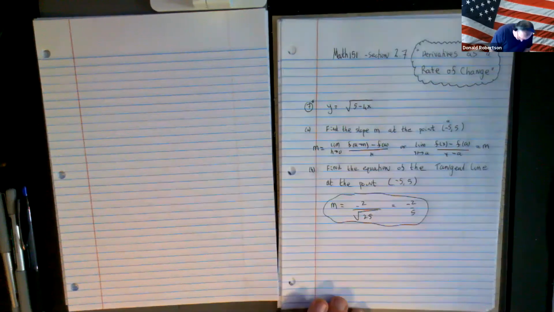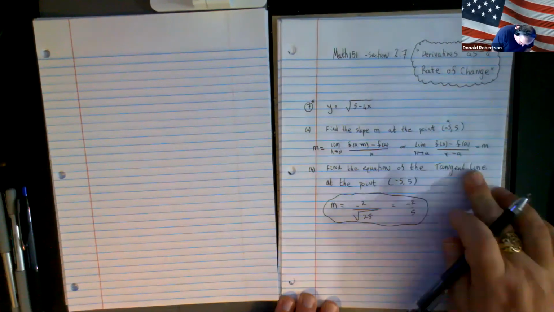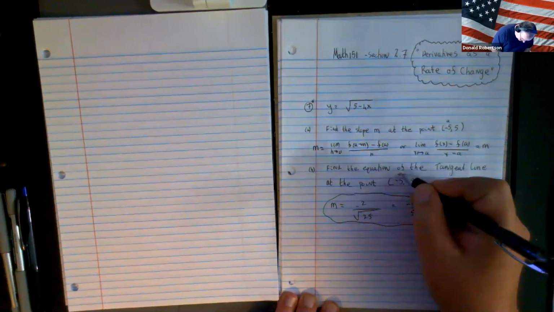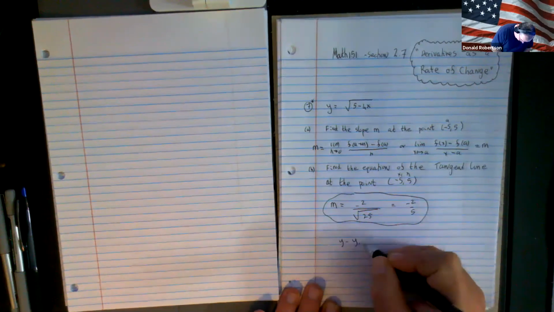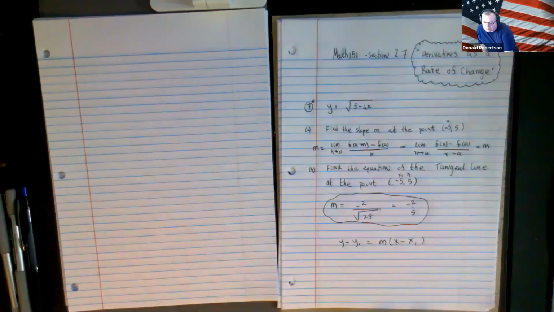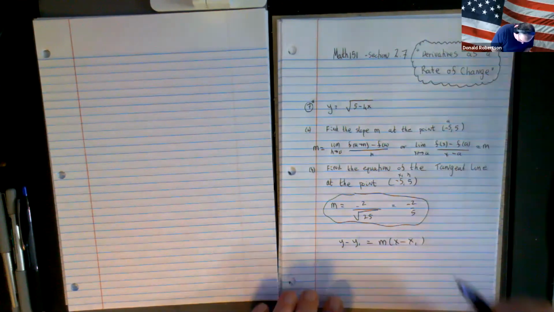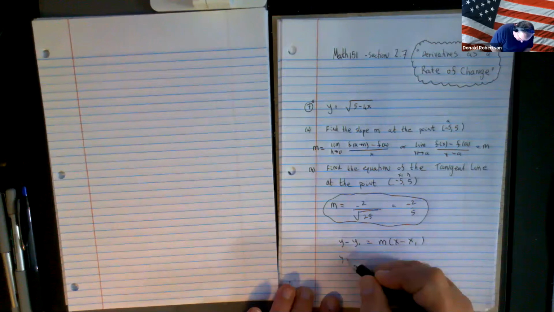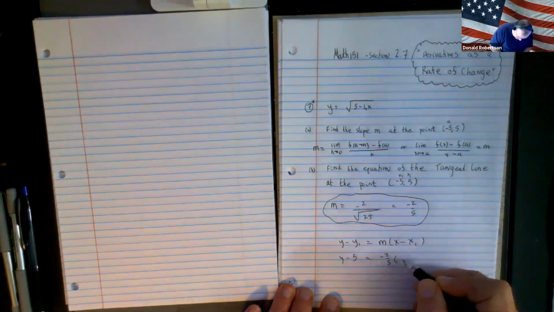So once you've got the slope m, then you find the equation of the tangent line at this particular point here. And I'm going to be using pretty much this equation every single time they say, find the equation of a tangent line at a given point. In this case, it's going to be y take away 5 equals -2/5.